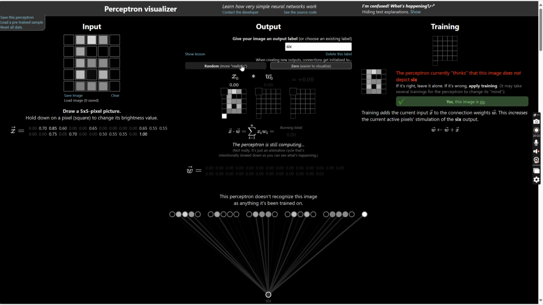Okay, now I have to choose what should be my W, whether it is to be 0 or whether it is to be random. Okay, random is not working for me. Let me try with 0. Maybe increase some brightness here.